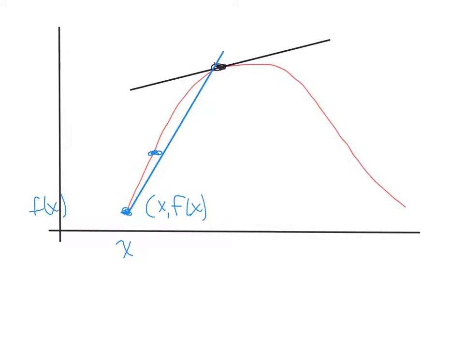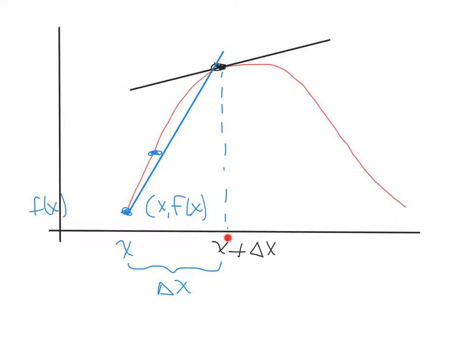Okay, well, if I have 2 points on a line, I can find the slope of this. So this has an x value here, and then over here it's going to have my f of x value, where this is the ordered pair x, f of x. I got my x and my y. Then I'm going to go through a change in x this way, horizontally, delta x. Where I end up over here is the value x plus delta x, because I'm at x here, and I add delta x to it.